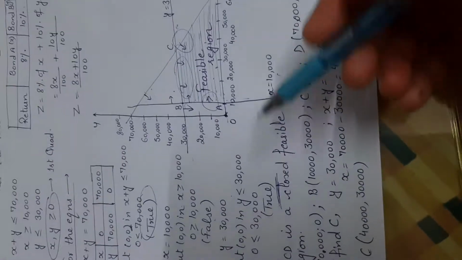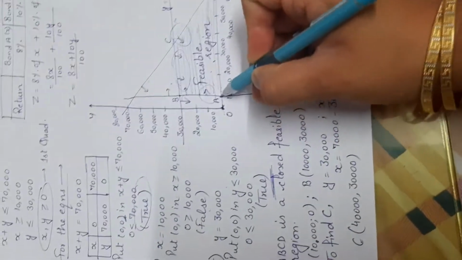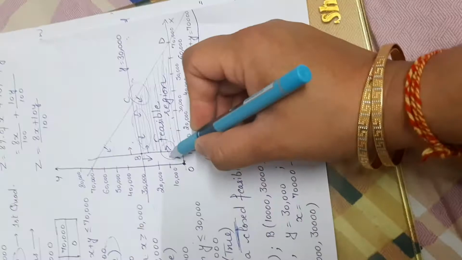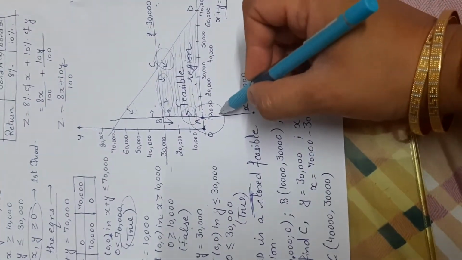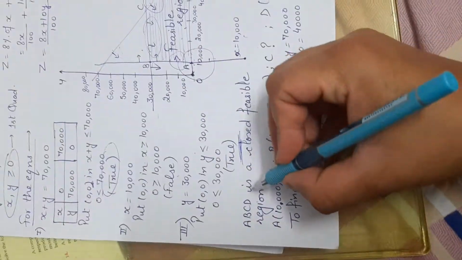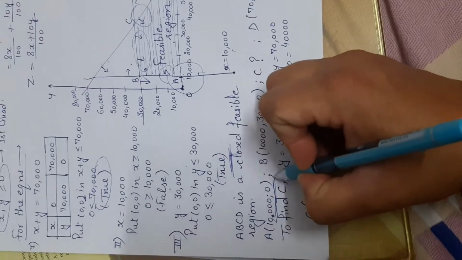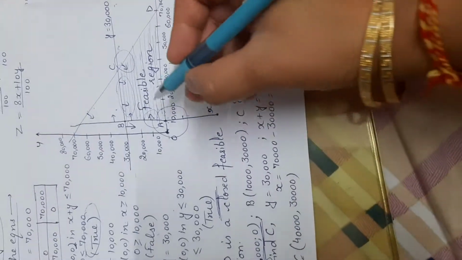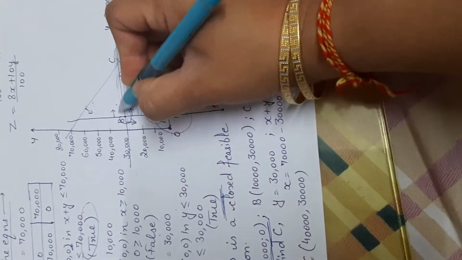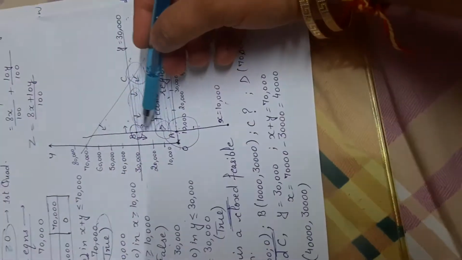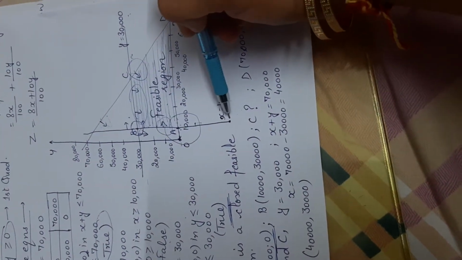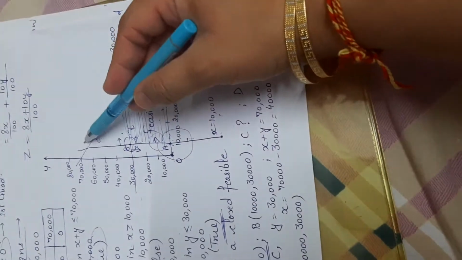What is A? As you can see, A is on the x-axis at 10,000. So point A is 10,000, 0. Another point is B. B is at 10,000 on the x-axis and is the intersection point of two lines.